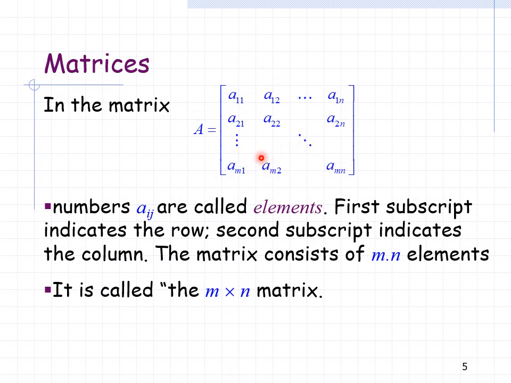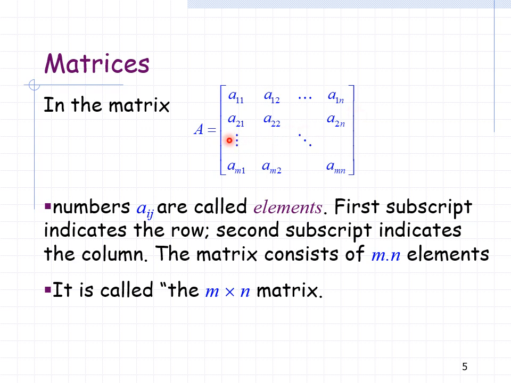As we can see in this example, we have a matrix A. This matrix has elements. The elements here are a11, where the first 1 means the first row and the second 1 the first column. Then a12, 1 for the first row, 2 for the second column, and so on.